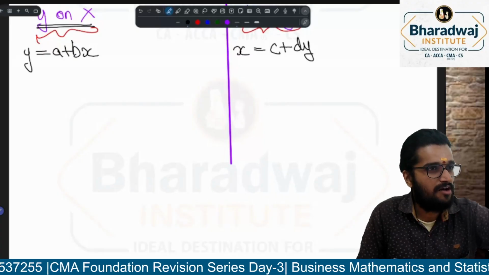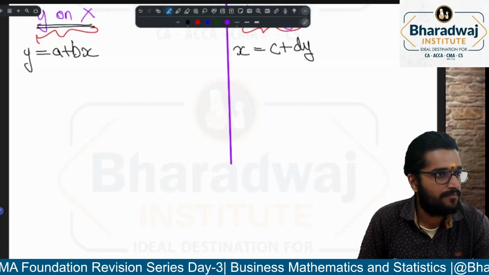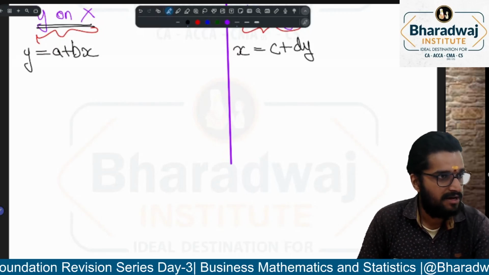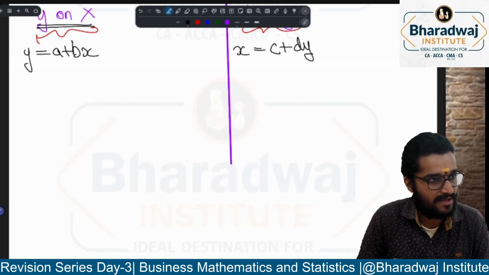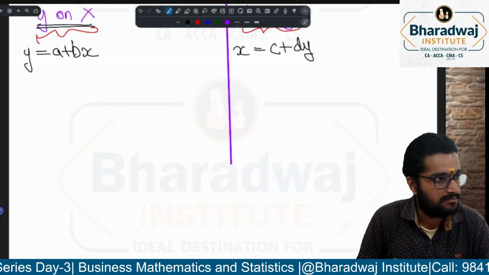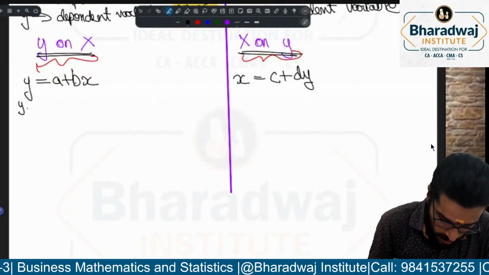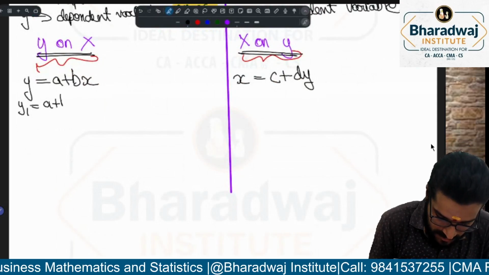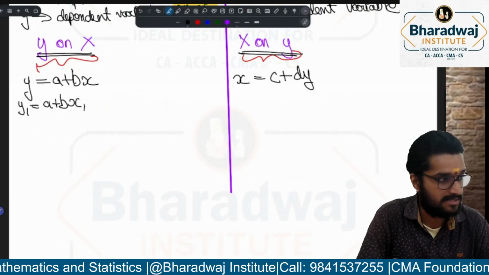I am just going to do a few basic mathematics here. You have y1, y2, y3; you will be having a series of values for y. Similarly, you will be having a series of values for x. What will happen when you add all the values of y? You can write y1 equals a plus bx1, the relationship for the first y. You don't know what a and b are.